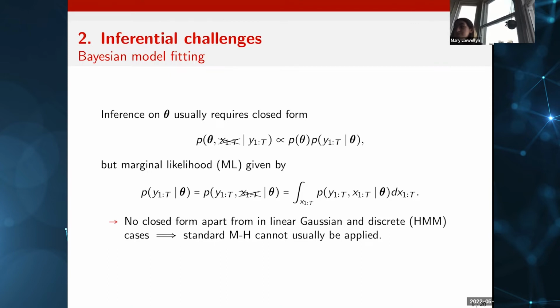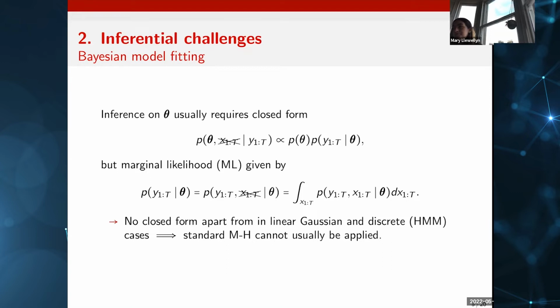So for general state-space models, it doesn't have a closed form. And what that essentially means is that we can't evaluate this marginal likelihood directly. And if we don't have a nice expression for this posterior, we can't actually use Metropolis-Hastings usually over the parameter space. And that's the point I want to emphasize.